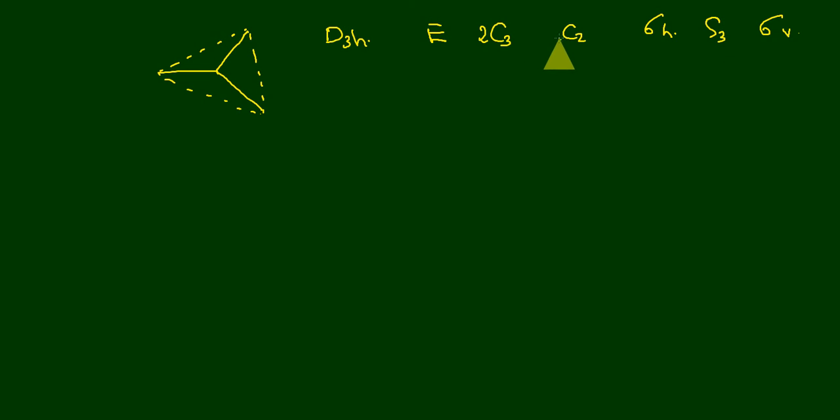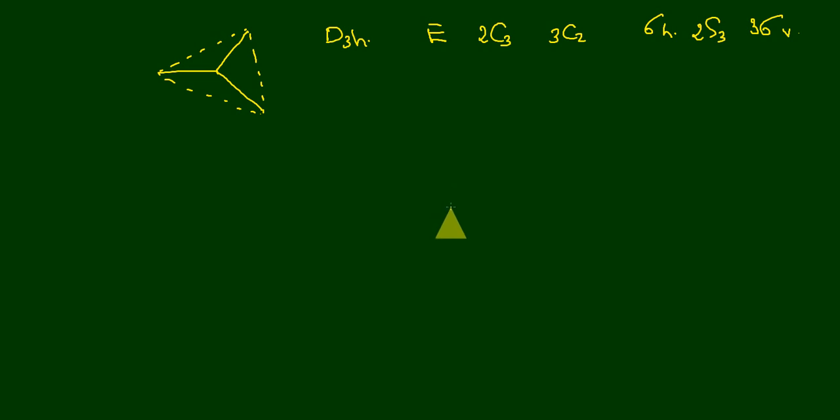Like that, we write 3 C2, because 3 C2 axes are there in this molecule, and sigma h and 2 S3 and 3 sigma v. So these are the symmetry elements, and we will check what the matrices corresponding to these symmetry elements are. We don't need to construct the matrices. We can just simply assign the total character in this case.